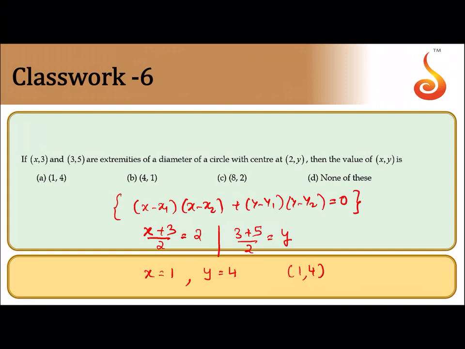For your information, I gave this equation x minus x1 into x minus x2 plus y minus y1 into y minus y2 is the equation of a circle where x1, y1 and x2, y2 are the extremities. This is the center. This is x1, y1 and this is x2, y2. So this is a simple midpoint concept. So these are given to you and the center is given as 2, y. We get 1, 4 as x, y values.